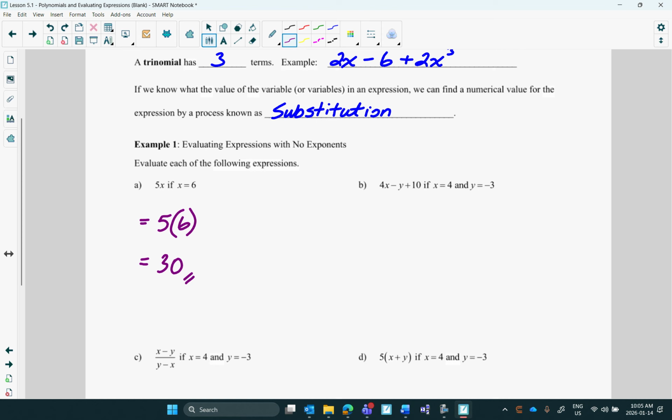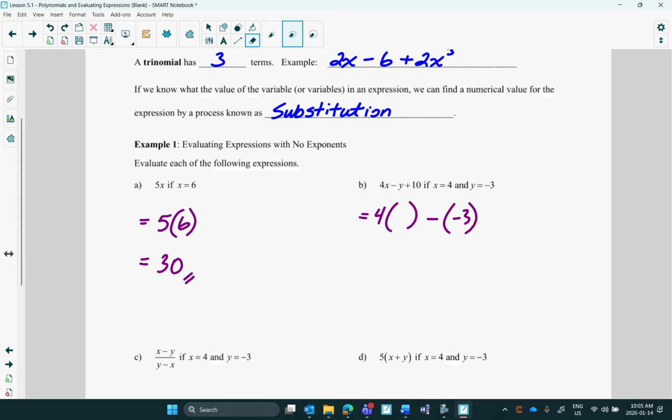So every time I see an x in here, I replace it with 4 in parentheses. Every time I see a y, I replace it with -3. So be careful here because it's going to be 4 times in parentheses -3 minus, and then in parentheses -3, or sorry, my mistake.